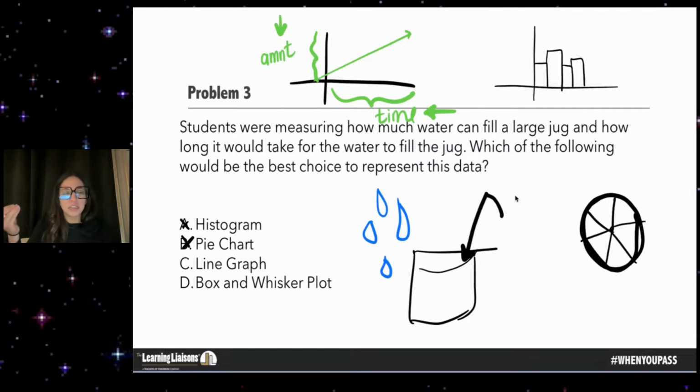The time is not going to depend on the amount. The amount is going to depend on the time. Then we are definitely looking at a linear graph. Box and whisker plot typically refers to more isolated, like singular data points. And so that's not going to be the right answer either.